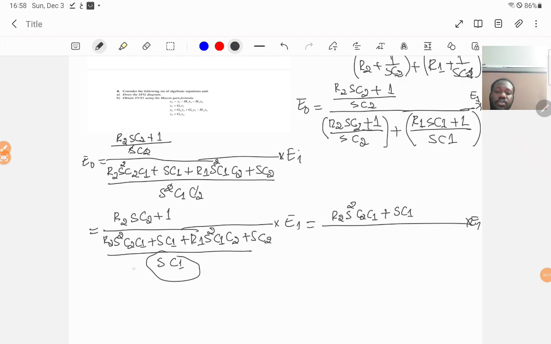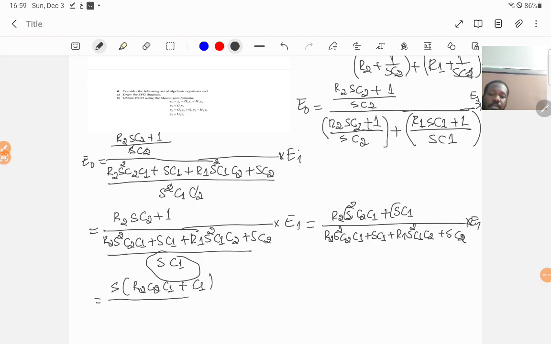We will have this one, and in the denominator we have R2 S square C2 C1 plus S C1 plus R1 S square C1 C2 plus S C2. That will definitely equal to, we will take S here and here, that will give us R2 C2 C1 plus C1 over, we will take S in the denominator too.